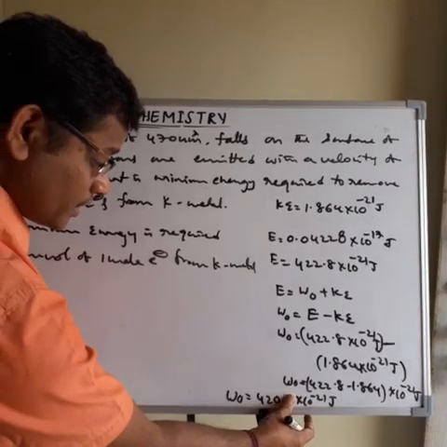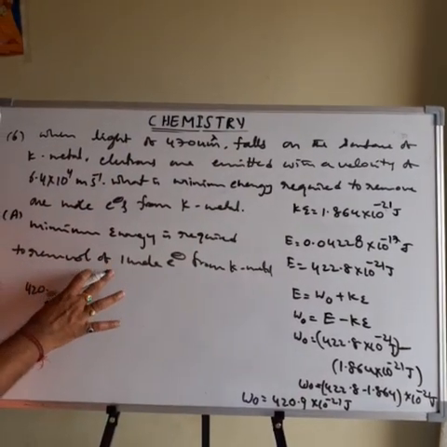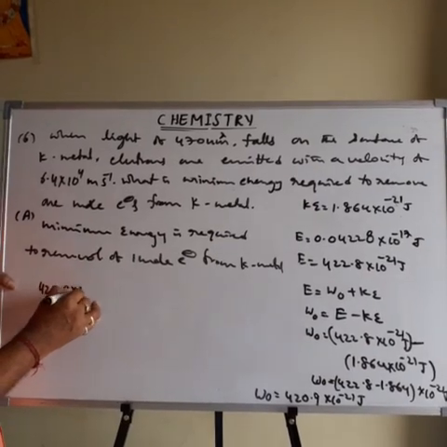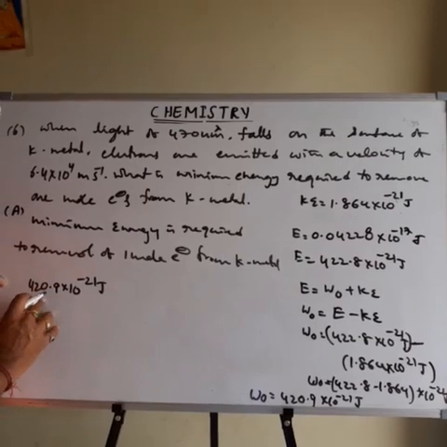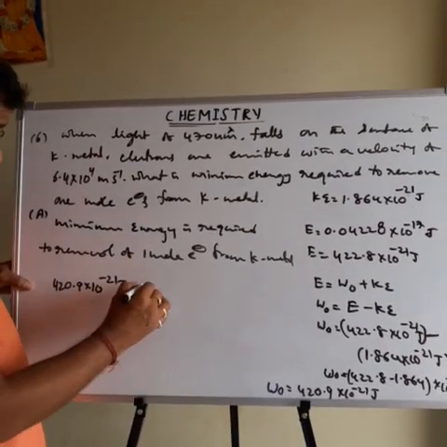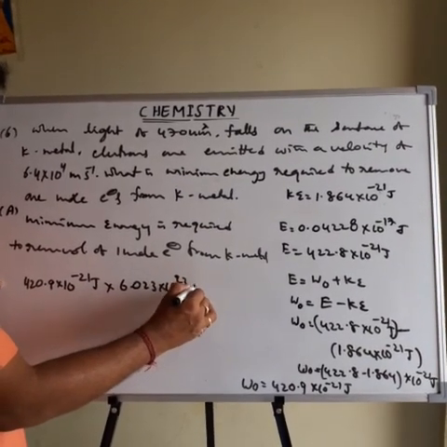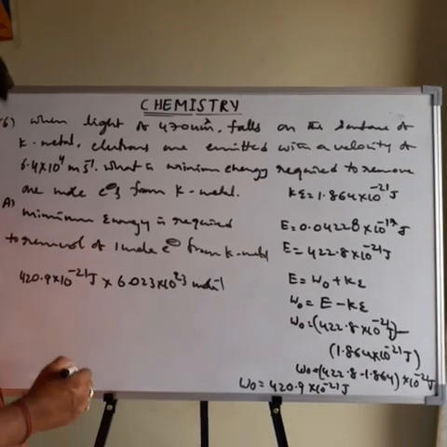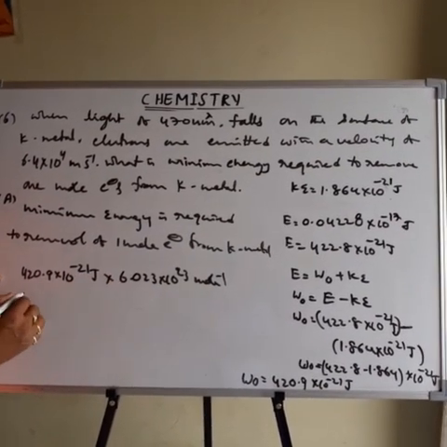Sorry, 420.9 will come. 420.9 into 10 power minus 21 joule. This is the energy required for removal of 1 electron. But for 1 mole of electrons, 6.023 into 10 power 23 per mole. Then calculate 420.9 into 6.023.